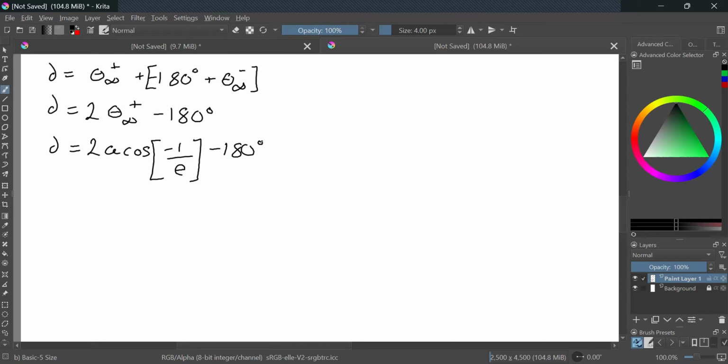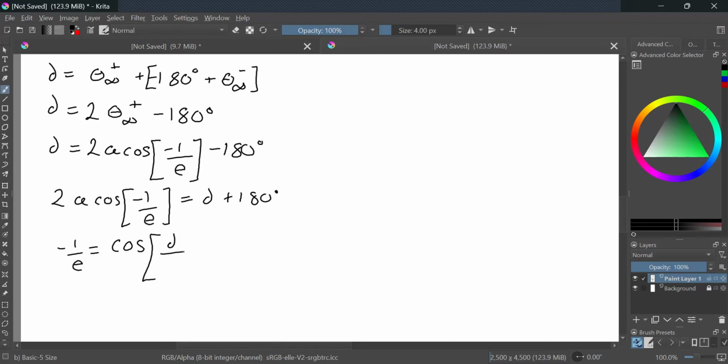And this is perfectly valid, but this is not the most reduced that this can get. For that, if we play around with the maths here, and if I were to negate this equation, okay, so we have minus cosine, we have 1 over e is equal to minus cosine delta by 2 plus 90 degrees.